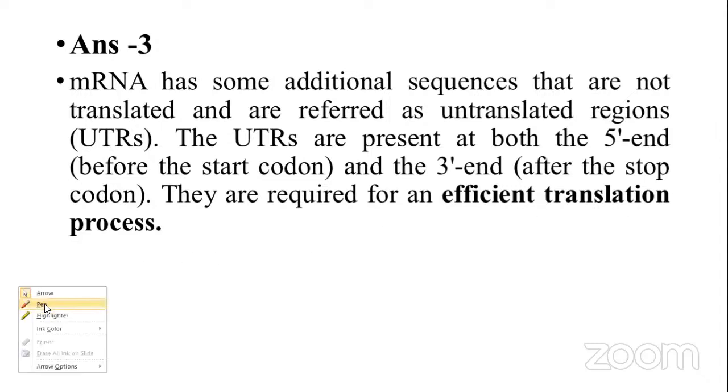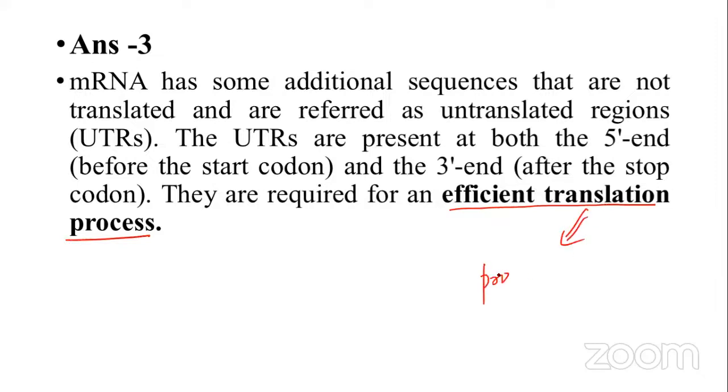So this is concept based. Just note down this part already noted during translation. What is meant by translation? Translation is nothing but protein biosynthesis. During biosynthesis, what happened? The untranslated regions are also present at both ends, 5' and 3' end.